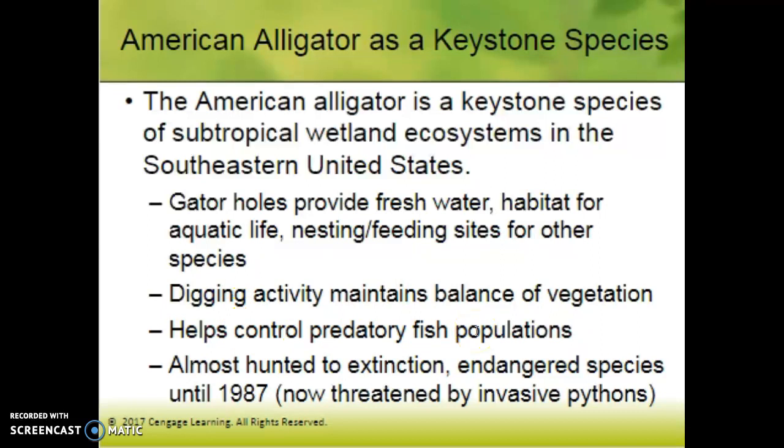So they do a lot for the ecosystem. But they're also big and scary and have lots of teeth, so we hunt them. They've been an endangered species until 1987. We protected them, and they've recovered. But now they're being threatened by invasive pythons that people have bought as pets, and they've either escaped or people have turned them loose. And there's a real python epidemic in the Everglades.